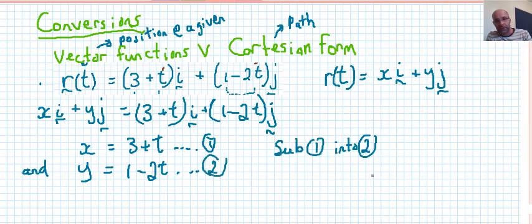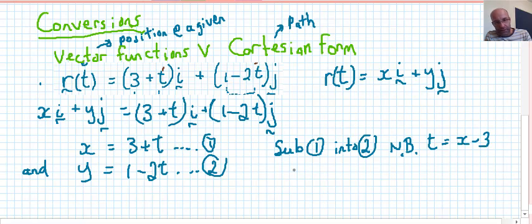So using simultaneous techniques, we could sub the result from equation 1 into 2, so let's do that. With equation 1, we've got x equals 3 plus t. We could make t the subject, which is actually handier, so subtract 3 from both sides in equation 1 and you'll get t equals x minus 3, and that's actually more useful.